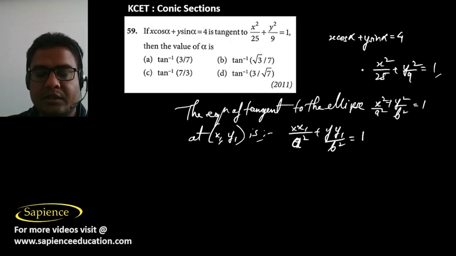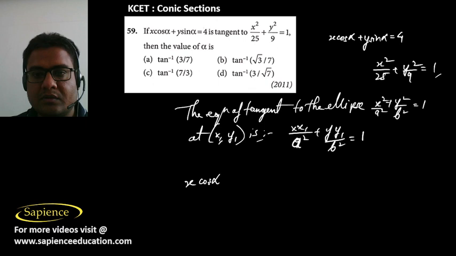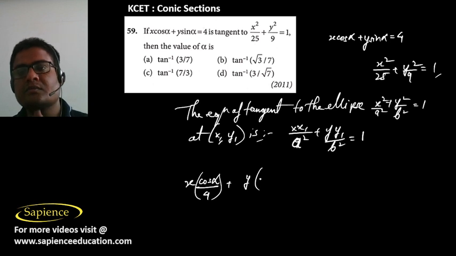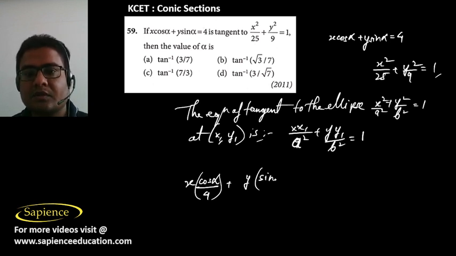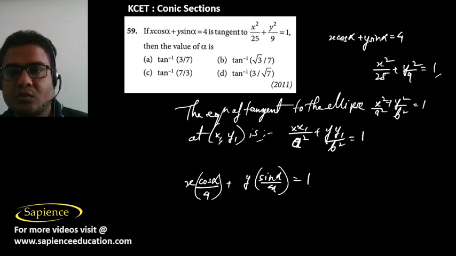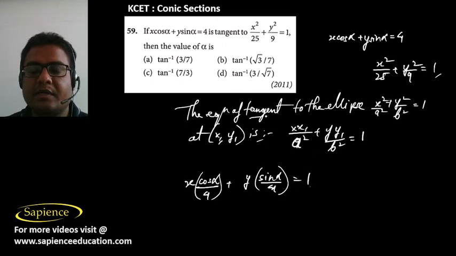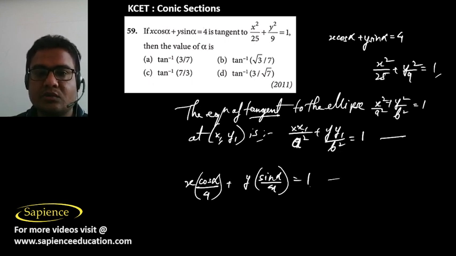Now here the equation of the tangent can be written as x into cos alpha by 4 plus y into sin alpha by 4 equal to 1. Now these two equations are for the same tangent. Since they are the same tangent, the ratio of the coefficients should be equal.